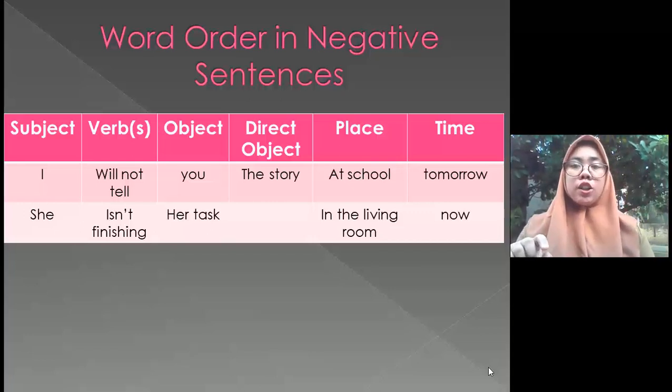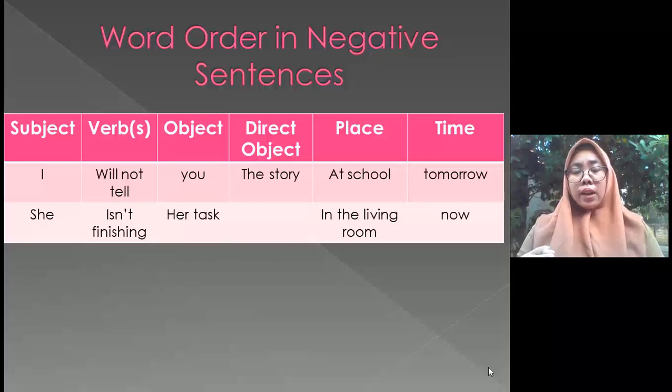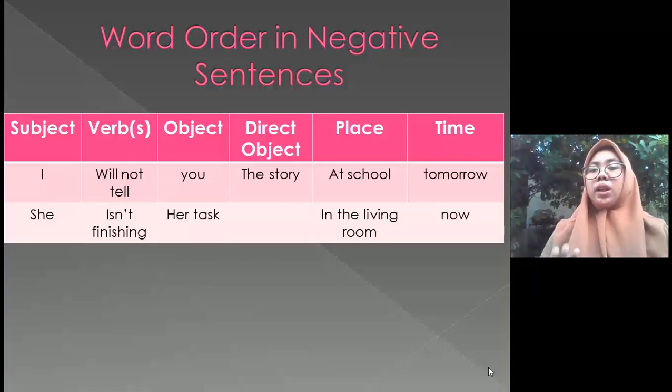Maybe in your sentence you apply the past tense, so the auxiliary of past tense you can use is did, and then not, and after that the verb. And then you here is the object. The story is the direct object, and the place and time are the complement.